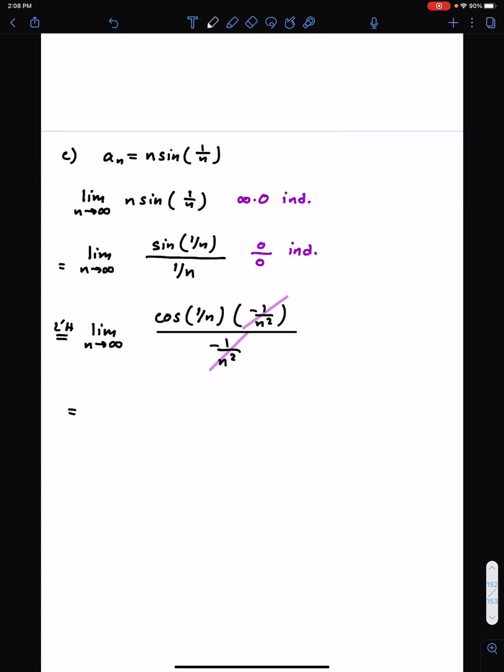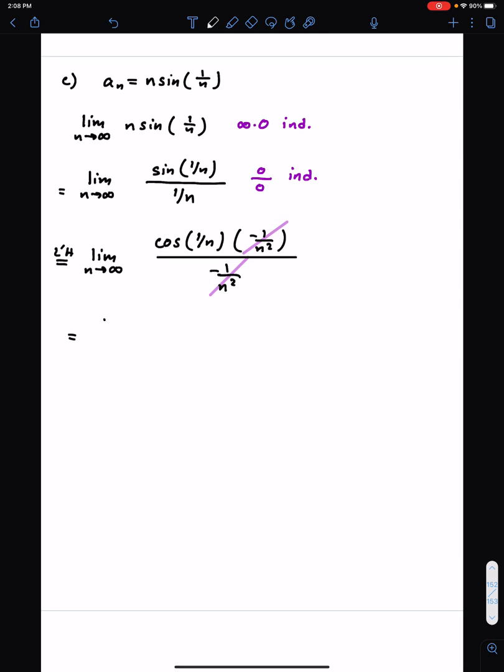So this limit turns into the limit as n approaches infinity of cosine of 1 over n, which is equal to cosine of 0 or 1, which implies that the sequence a sub n converges.